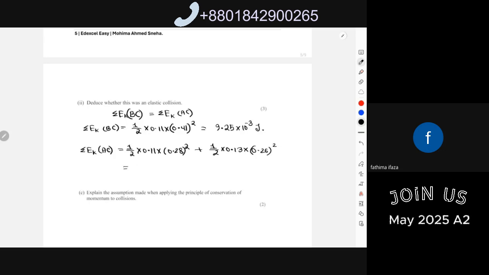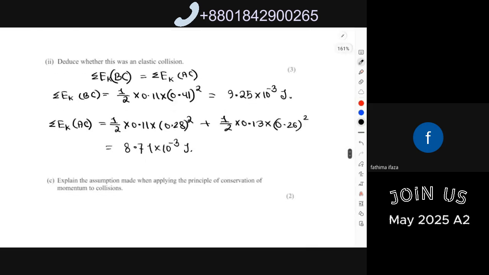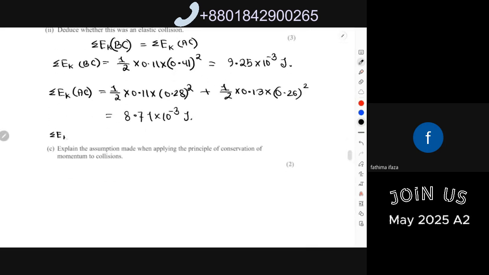Now if we calculate them, this one turns out to be 8.71 times 10 to the power of negative 3 joules. So obviously we can understand that before collision and after collision, the energy is not conserved. So this is an inelastic collision, right? So we're going to write that sum of kinetic energy before collision is not equal to sum of kinetic energy after collision.